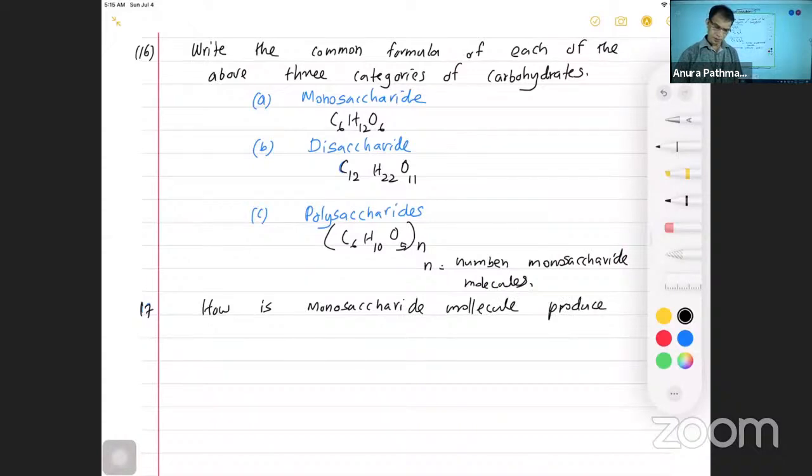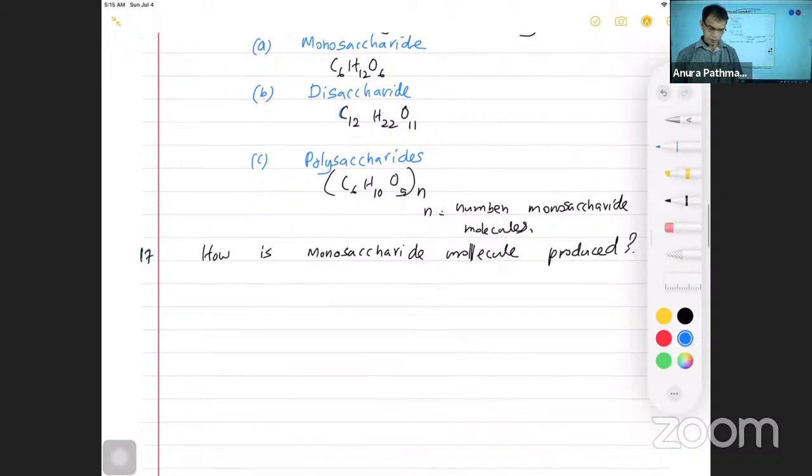Molecule, right? Not double L. Molecule produced. How is the monosaccharide molecule produced? The answer?